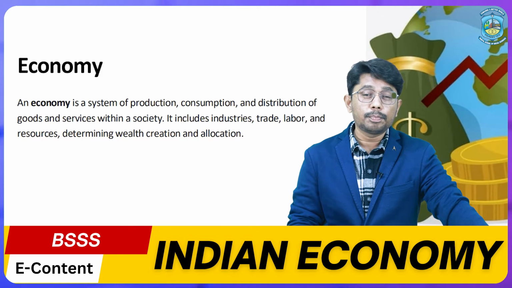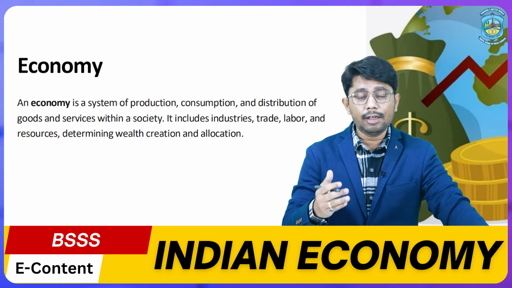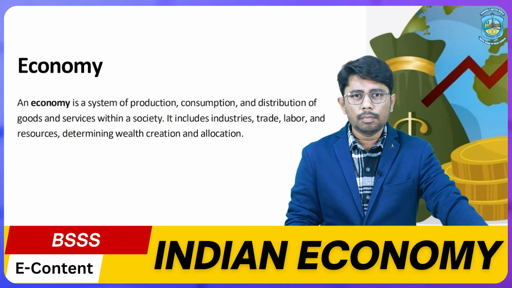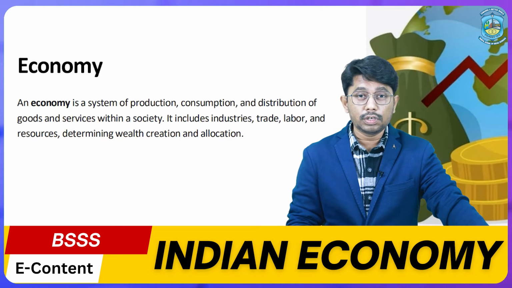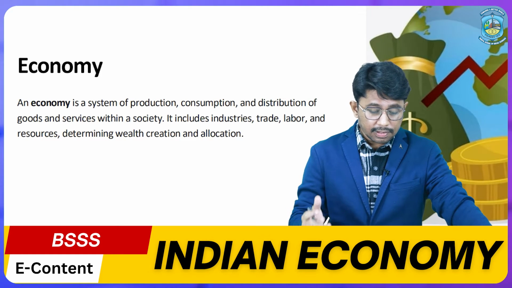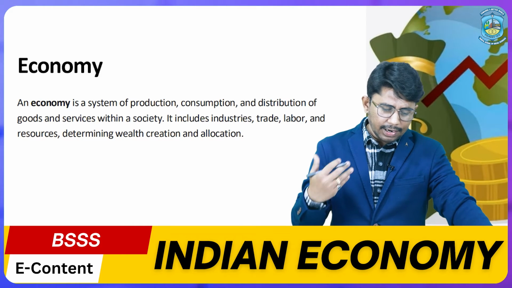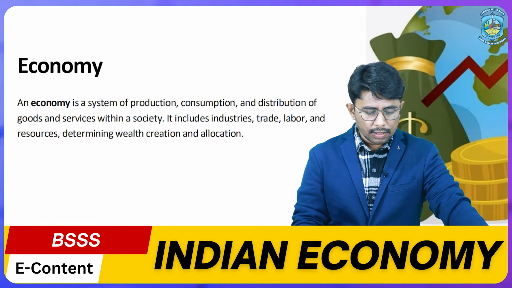And you also have a system, like I hope you are seeing this video on your laptop, maybe on your PC or mostly on your phones, right? So it's a system of production, consumption and distribution of goods and services within a society.